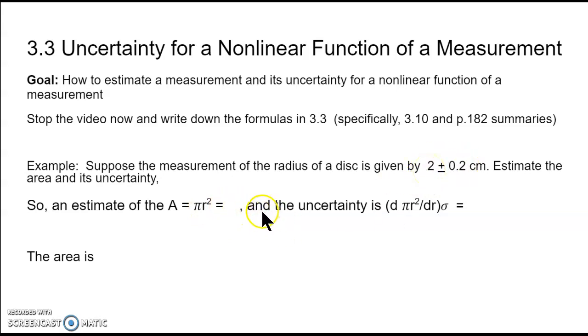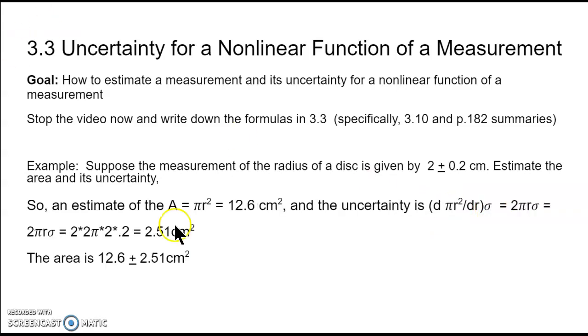And the uncertainty is going to be the derivative of this function. In your formula from 3.10, you have the derivative of the function, pi r squared, with respect to r, times 0.2 centimeters, this standard deviation for r.